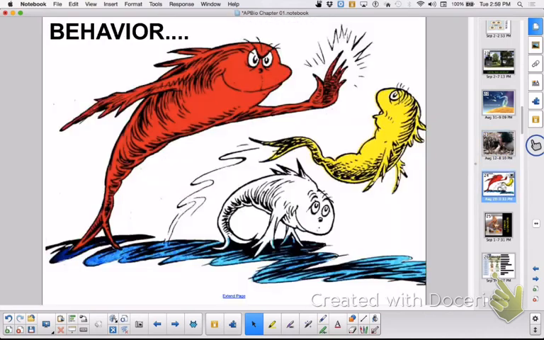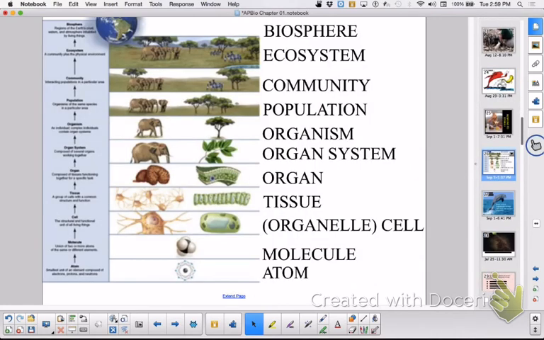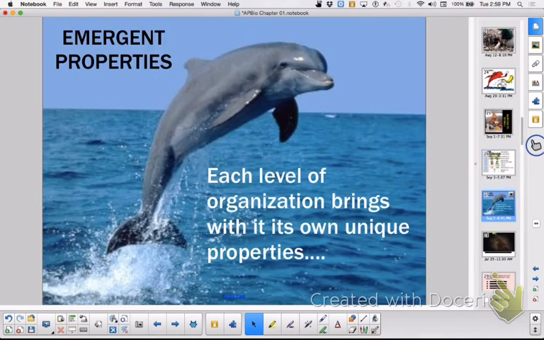We talked about collective responses. It could be an individual or a group of organisms, and that would be behavior. Just briefly touched on that. We already did organization of life; you're good on that. Youngest bio buddy, explain, based on this organization, what emergent properties are.